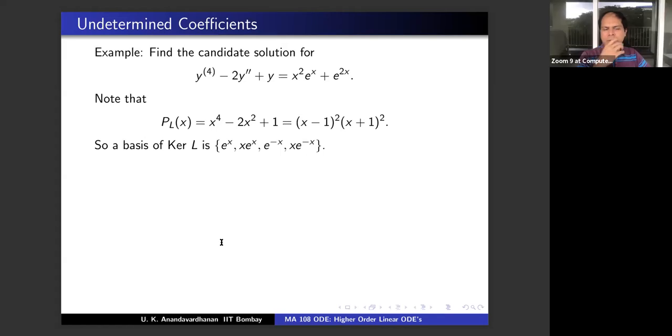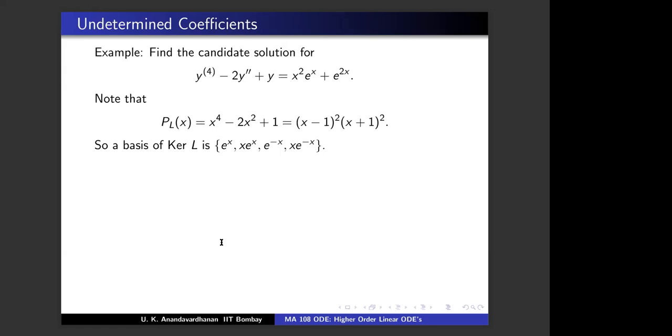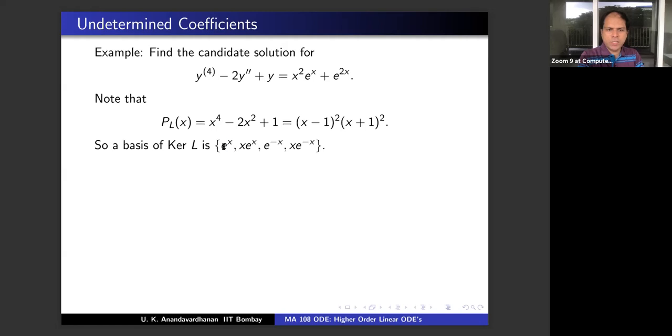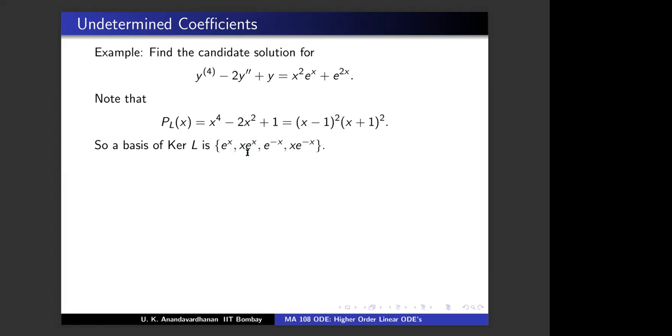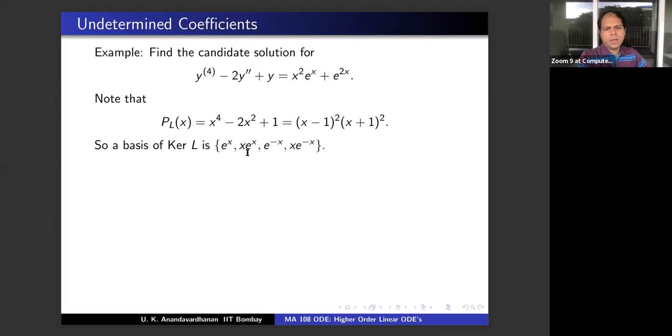Because if x e power x is coming, then you have (d minus 1) whole square, so e power x will automatically be there. So the case is not possible. But regardless, I will answer your question: even if that were the case, you have to multiply by x square. You go for the highest and do it, but it doesn't come. Clear?